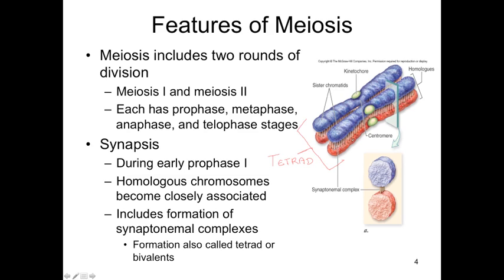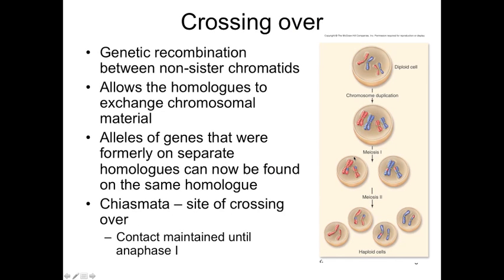So non-sister chromatids are chromatids that are in the same homologous pair, but are not attached at the centromere. They are attached, however, through the synaptonemal complexes. During this synapsis, as we'll call it, we'll see genetic recombination between those non-sister chromatids.